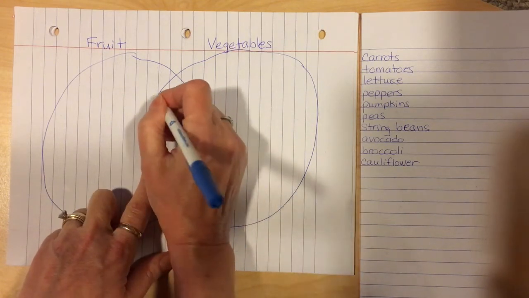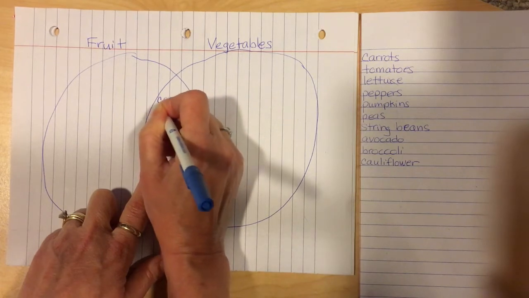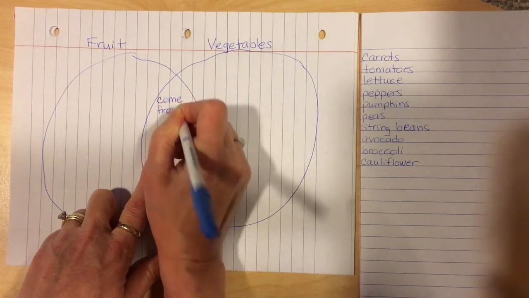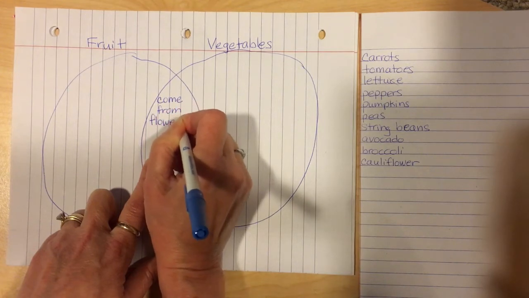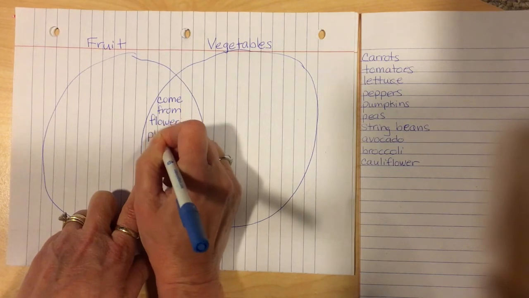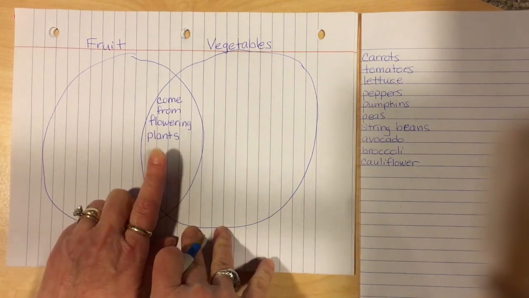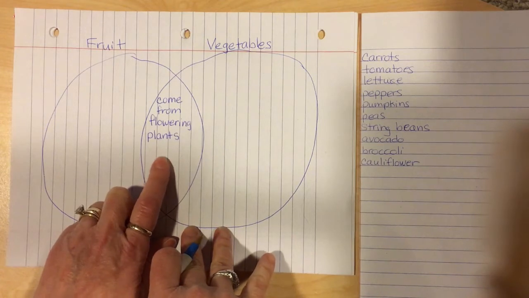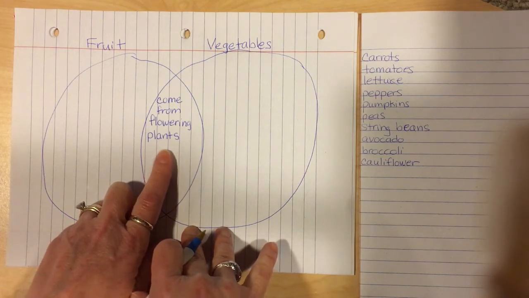We're going to write come from flowering plants. Okay, see how I tried hard to make it nice and neat and fit into the shape here? Do that. Take your time writing that.